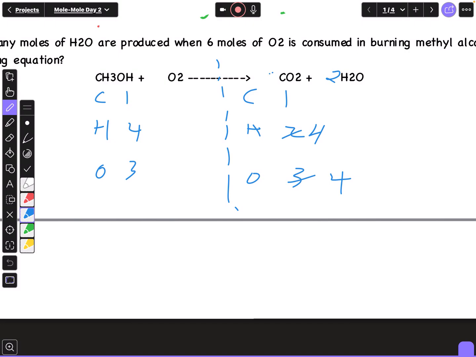If I just play around with this, and like I said, I won't give you any like this on a test. If I put that in there, now that makes my carbons equal 2. It makes my oxygens equal 6.